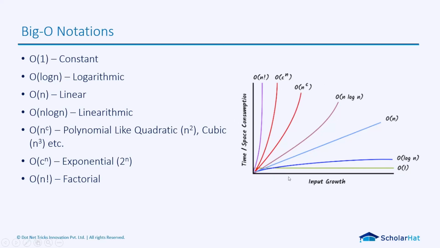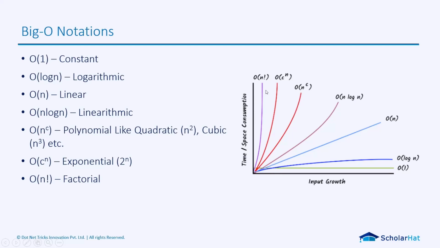As the input is given here, you can see how the complexity is changing and how the output is affected. If you see factorial n, with smaller inputs it gets a larger output. So it basically changes with the input very fast.